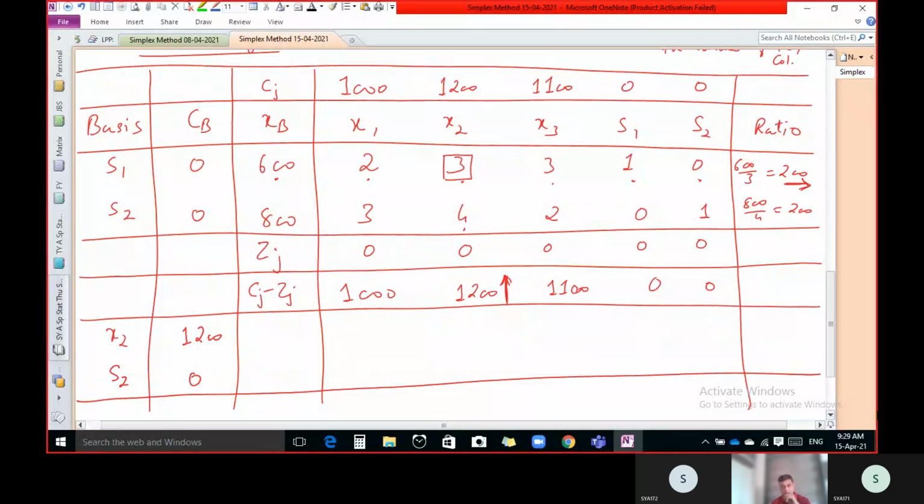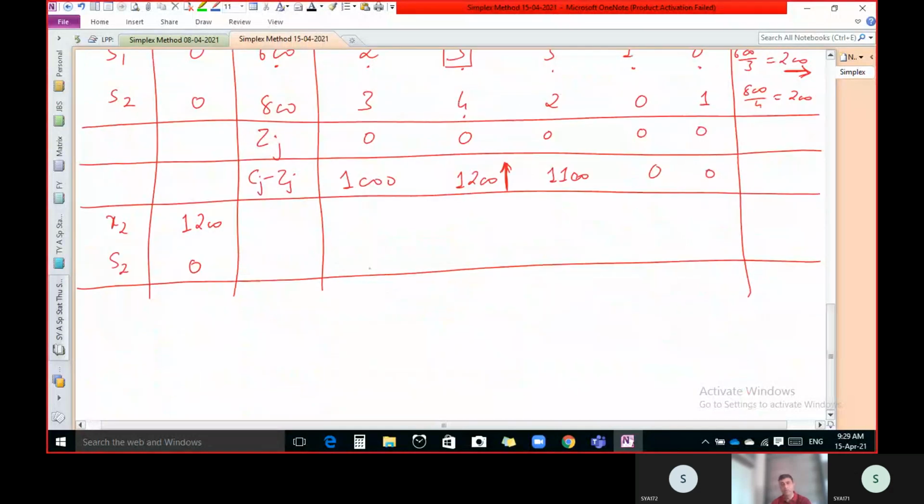Okay, and now how to calculate these values? See, that is the most important thing. Once we have all these values, our method remains the same. You have to calculate Zj, then Cj minus Zj, then select the maximum from the positive values, and that is known as the key column, and you have to take the ratio.